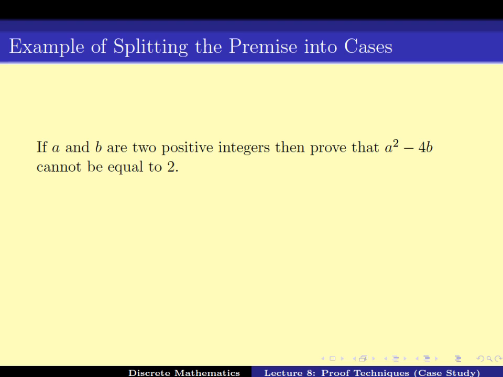The A, or the set of assumptions, is that A and B are two positive integers. Okay? Doesn't seem to be a very natural way of splitting it up, or is it? Okay, we will see. And what is the deduction? The deduction is that A square minus 4B cannot be equal to 2.